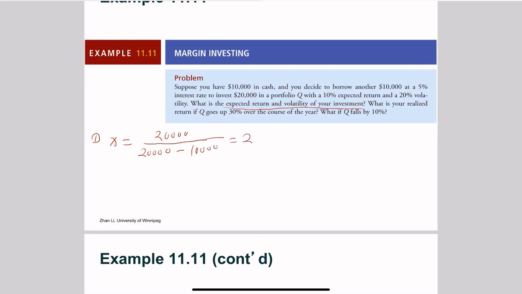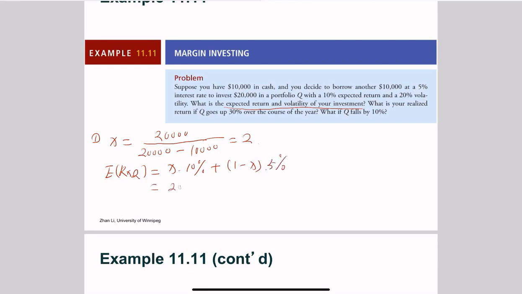So the portfolio weight is 2 here. And now the expected return of this combined portfolio of risk-free investment and portfolio Q is given by X times portfolio Q's expected return, which is 10%, plus 1 minus X times the interest rate, which is 5%.